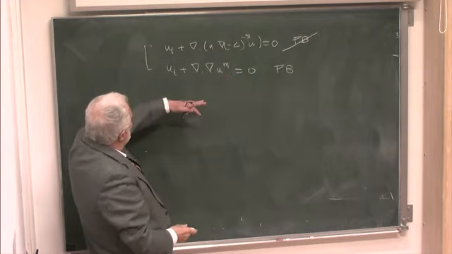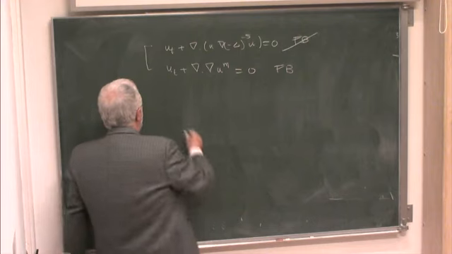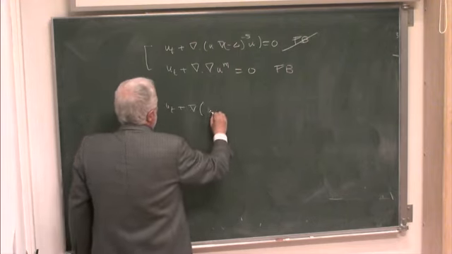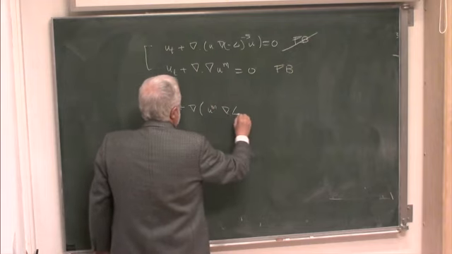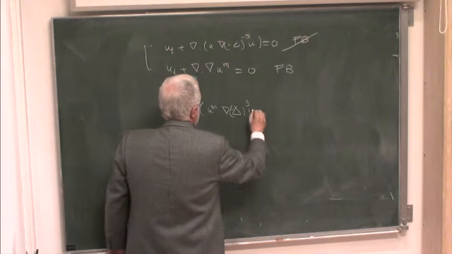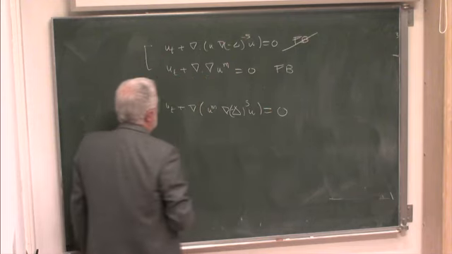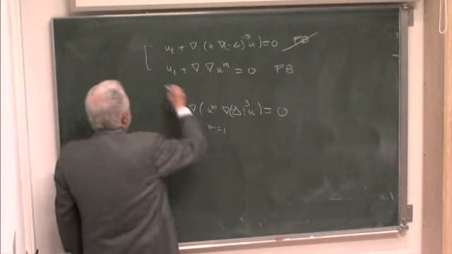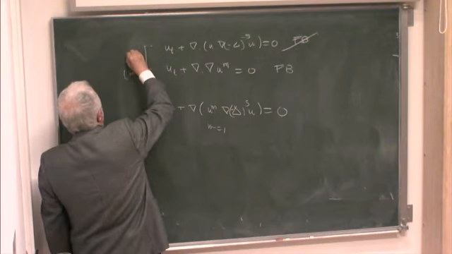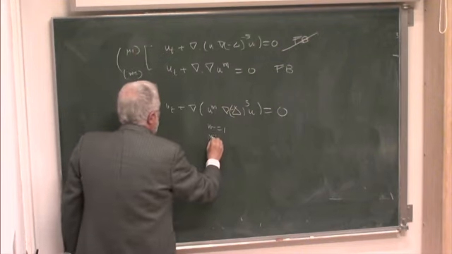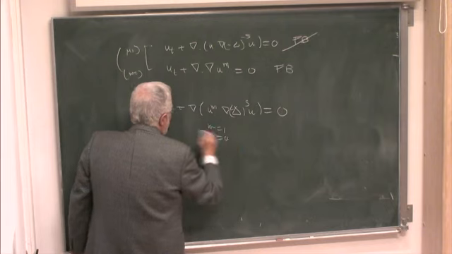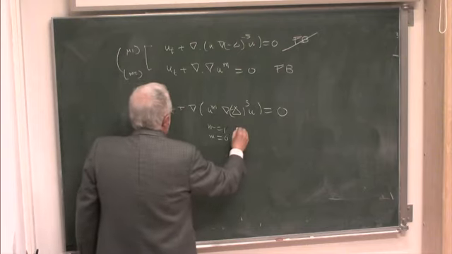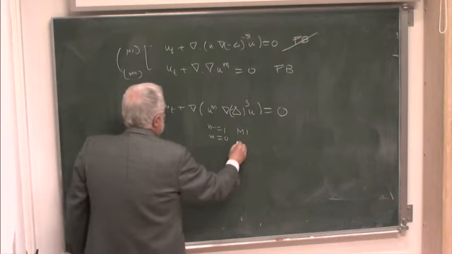How do you make a connection between them? Okay, there is a possibility that is put here: u to the m, gradient of minus Laplacian to the minus s of u equals 0. And when m equals 1, you get model 1. When m equals 0, you get model 2.